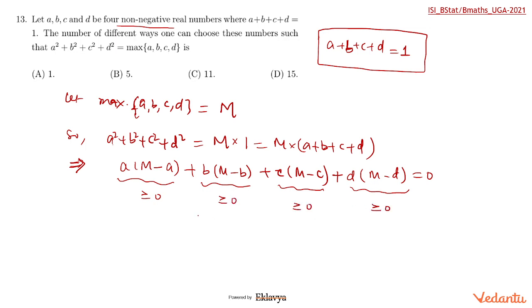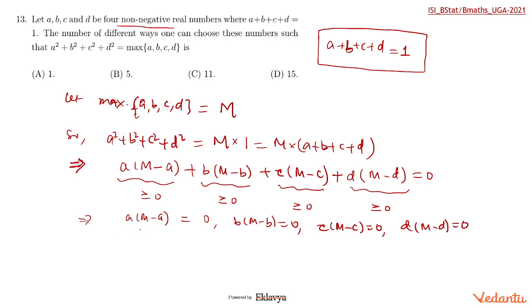M is the largest of A, B, C, D, so M minus A or B or C or D, all are greater than or equal to 0. And the sum is 0, it means equality will occur. I mean, all are 0. A into (M minus A) is 0, B into (M minus B) is 0, C into (M minus C) is 0, and D into (M minus D) is 0.